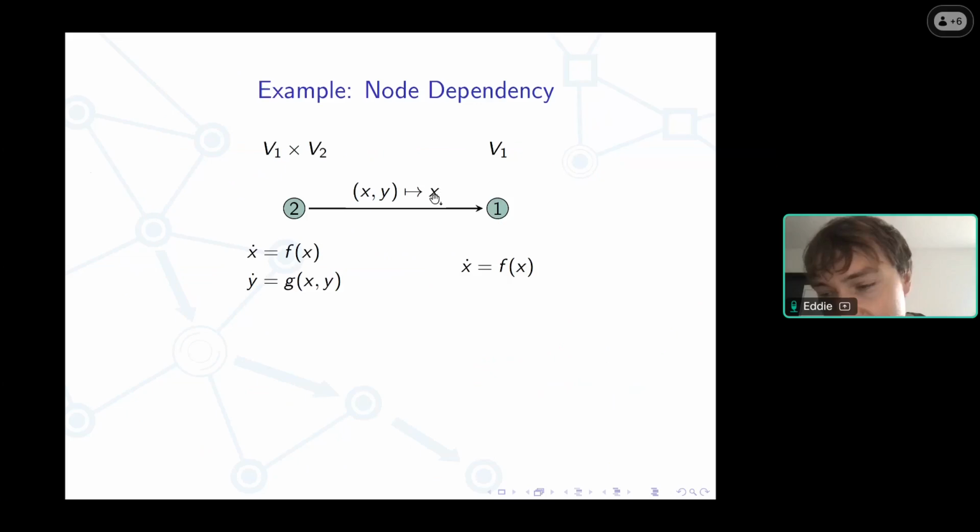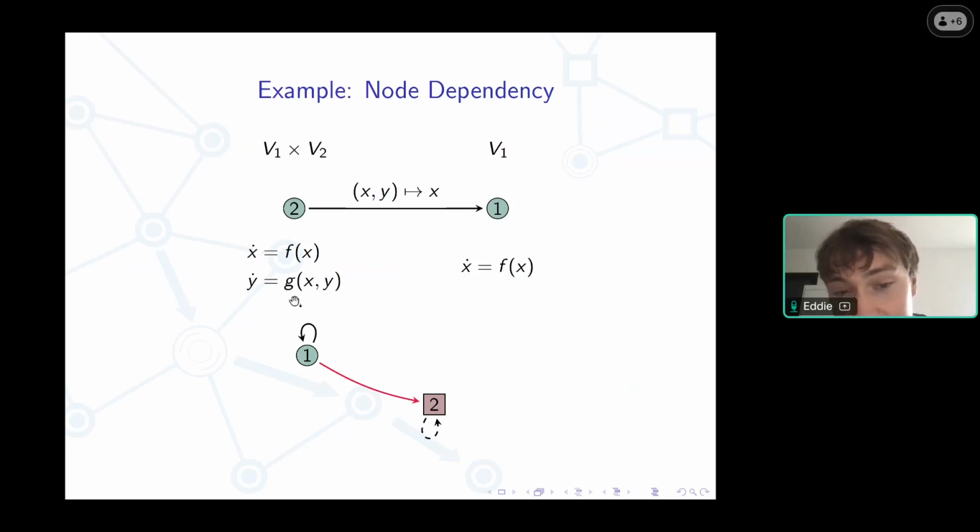So in some sense, it's something you sometimes see with quiver symmetry. This sending solutions from the ODE here to the ODE here puts no restraints on this one, but it puts a restraint on this one, namely that x can only depend on its own variable. But that's kind of nice, because if we look at half of the quiver symmetric system, the ODE over node 2, we see that we have essentially encapsulated node dependency.